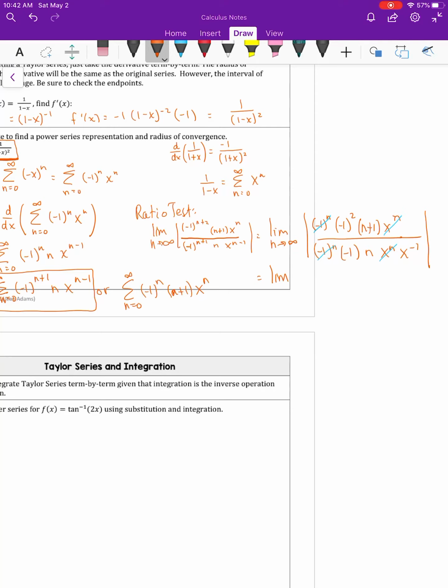Okay, so you want to do that because you're trying to figure out what will cancel. And you've got that canceling. Leaving us with, I'm going to move this x to the negative 1 up to the numerator.